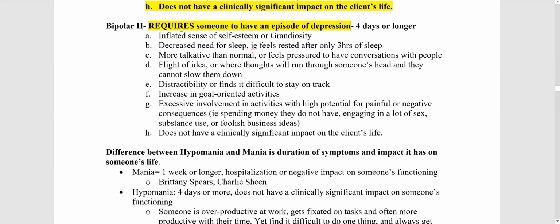But an easy way to remember the length of time, bipolar 2 comes second, 2 plus 2 is 4, for 4 days or longer, because that's the length of time you need to be able to diagnose this mental health disorder. So I'm going to go through the symptoms a little fast, because we went through them with bipolar 1 mania and hypomania, because bipolar 2 disorder is essentially just hypomania.